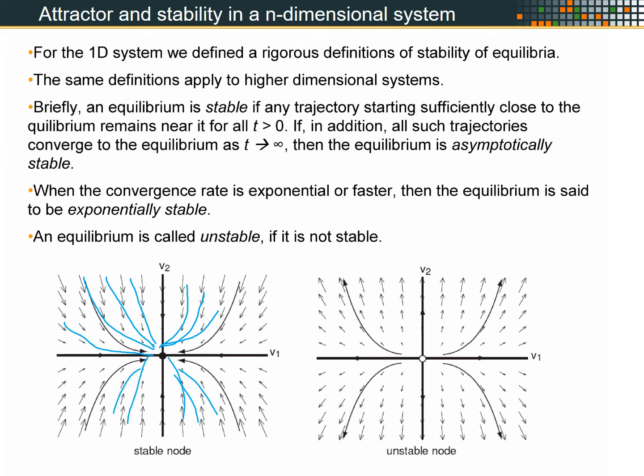And if we also look at the speed, we would have to show that in an infinite amount of time the system would be exactly on the center of the system, and then we would say it's asymptotically stable. If we compare that to the right-hand side, you see that there is an unstable fixed point. The difference is that in both directions we have repelling forces that bring us away from the center. So wherever we start, we never reach the center, and therefore it's unstable.